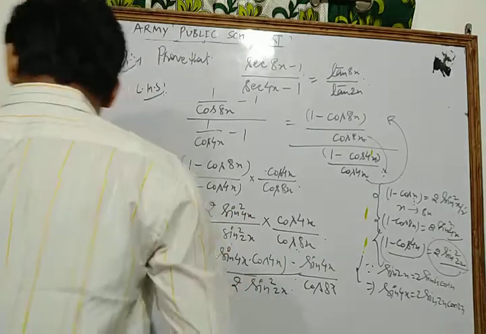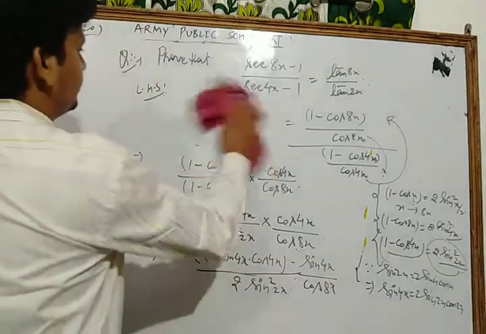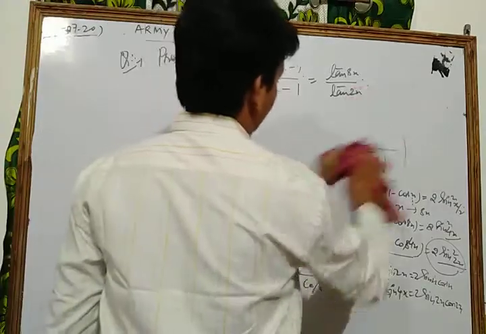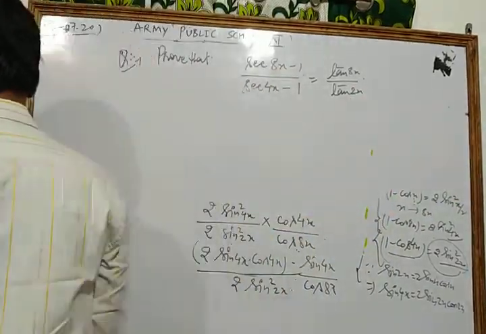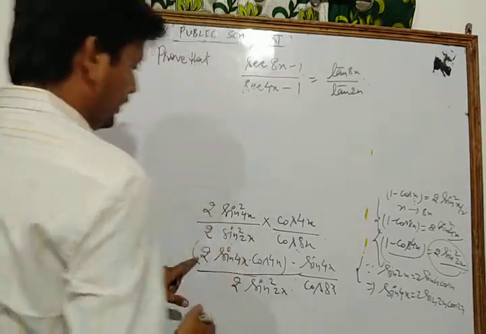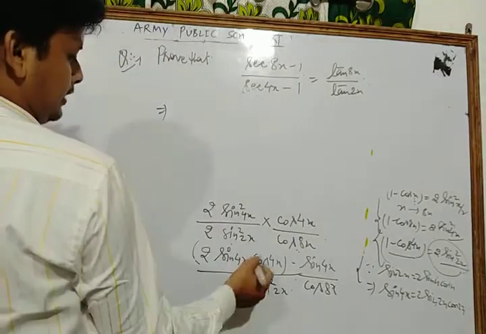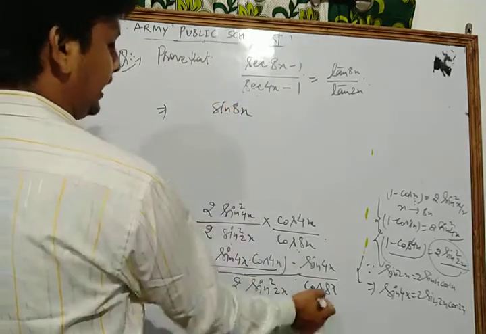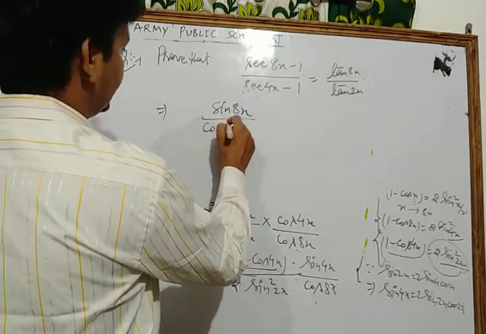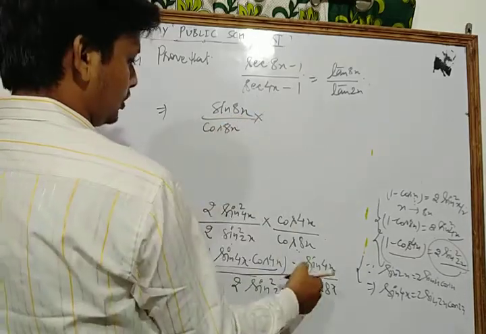Here we write sin 8x, and cos 8x as it is, into sin 4x.